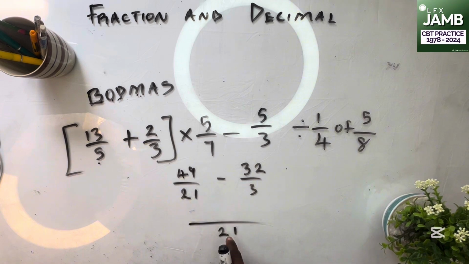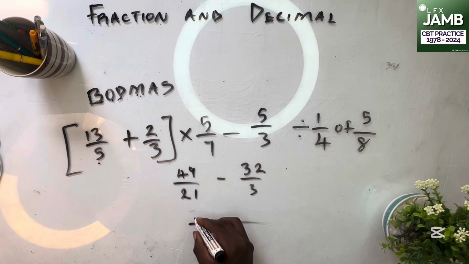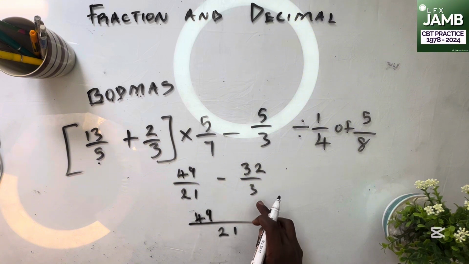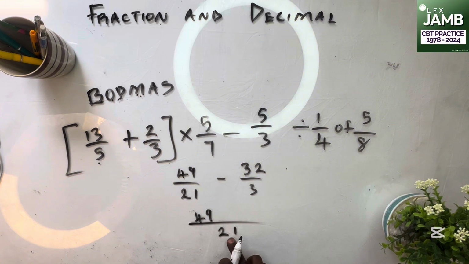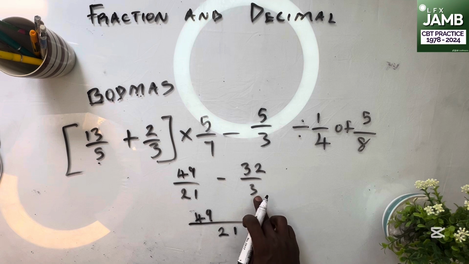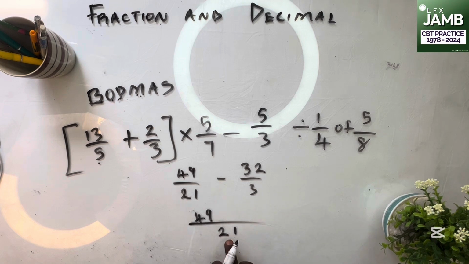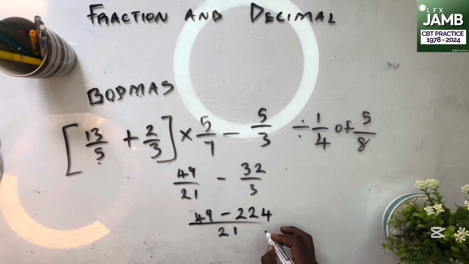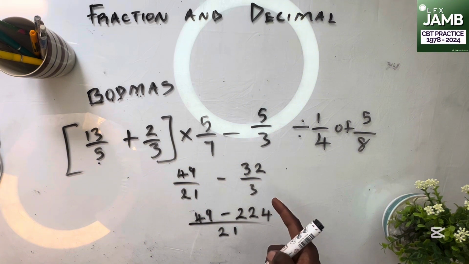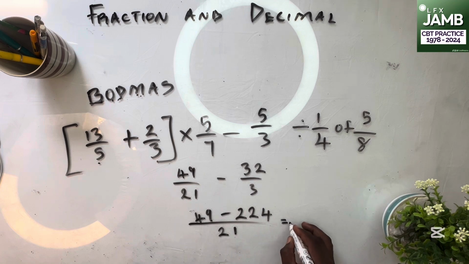So 21 in 21 is 1, and 1 times 49 is 49. 3 in 21 is 7. 7 times 32 is what? Yeah, 224.